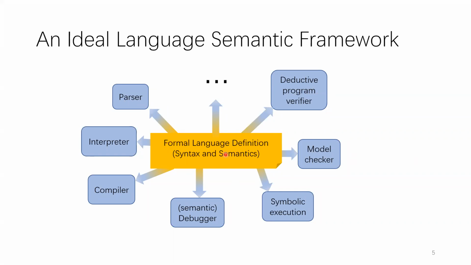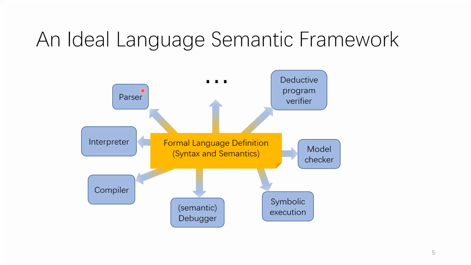So all the rest is done automatically by the framework. Because in theory, once we have the formal definition, the framework has everything it needs to generate all the language tools. So if our language has a newer version, all we need to do is to just update the formal definition to the newer version, and the framework will take care of the rest and generate new tools for us.